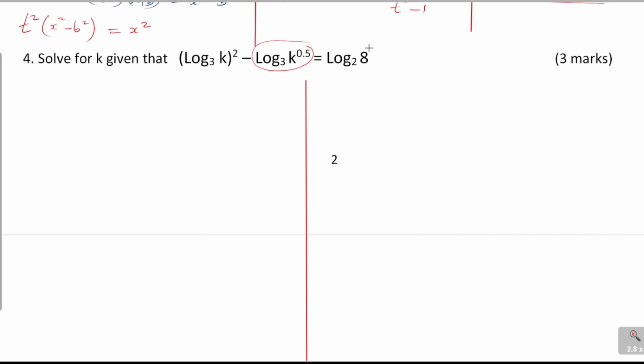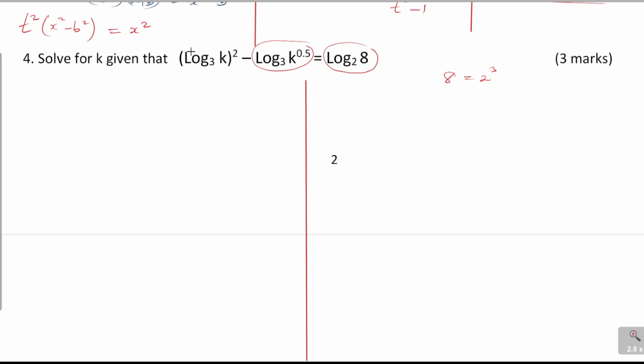Then also you look at the right hand side, you can write that one in a simpler way. Again, logarithm of 8 to the base of 2, you can write it because you know that 8 is equivalent to 2 cubed, so you can simplify that. So let us first look at those two.